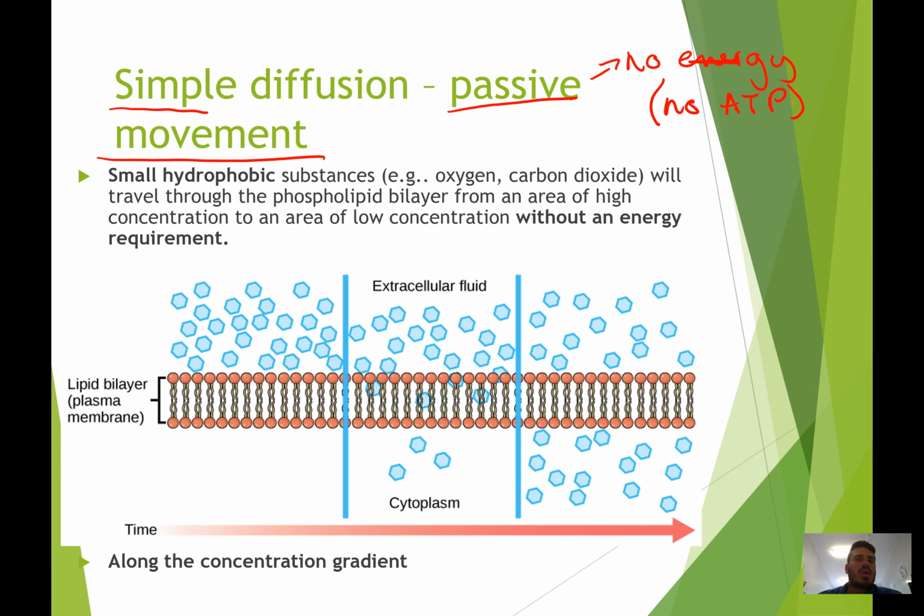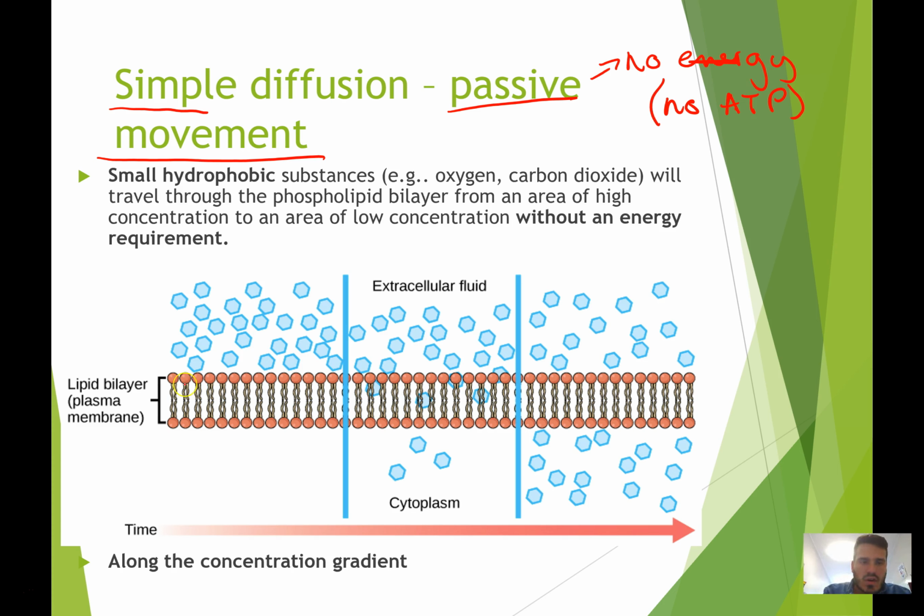When we're talking about simple diffusion, we're talking about very small hydrophobic substances, for example oxygen and carbon dioxide molecules. These are both going to travel through the phospholipid bilayer from an area of high concentration to an area of lower concentration, and this isn't going to require energy, like we said.